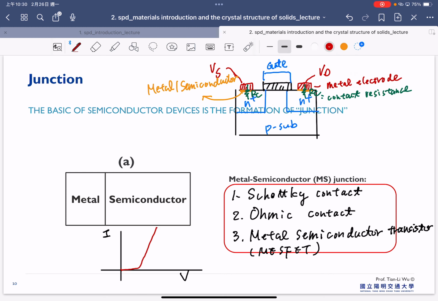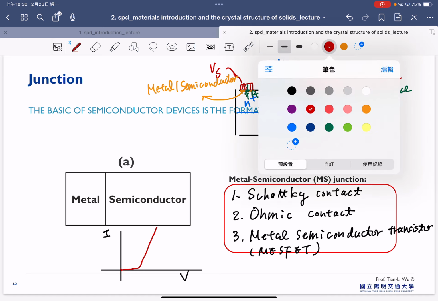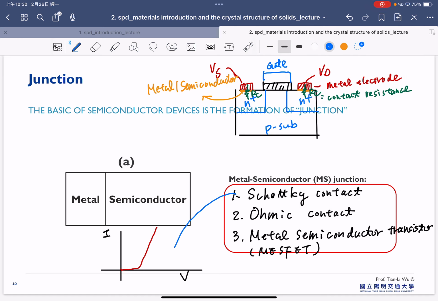That means you have to apply up to a certain bias before you start to have the current conducting. But if you apply below that certain bias, you won't have current conducting. This is a typical characteristic for the Schottky contact.